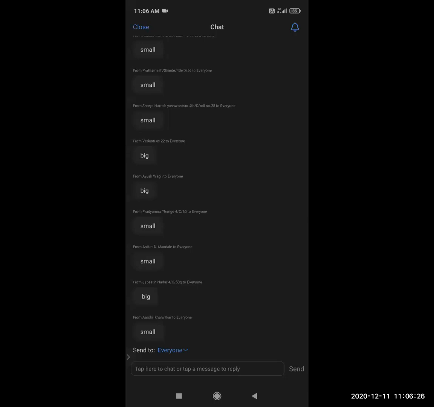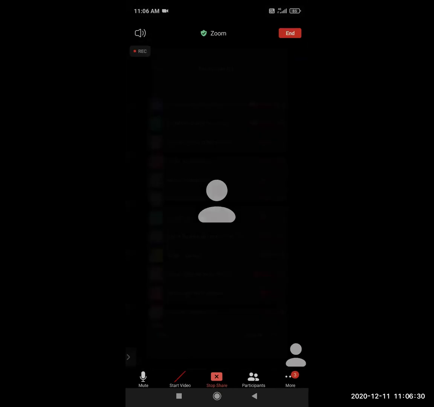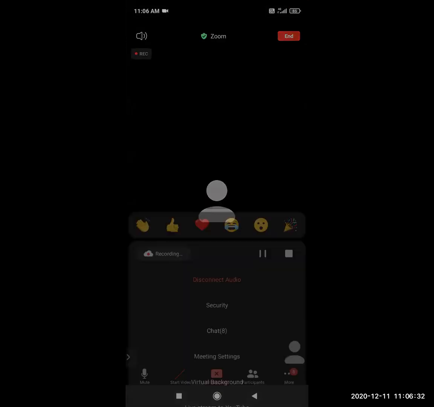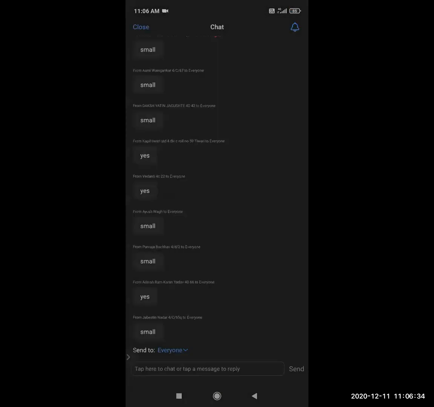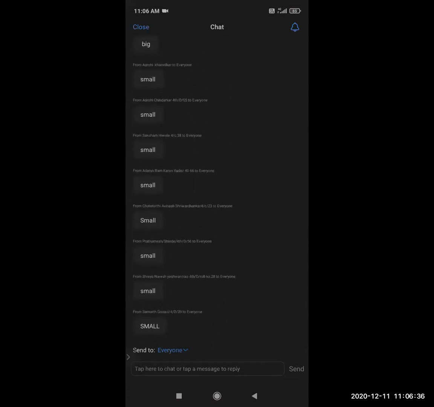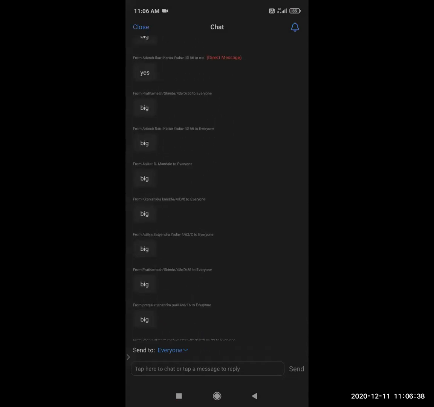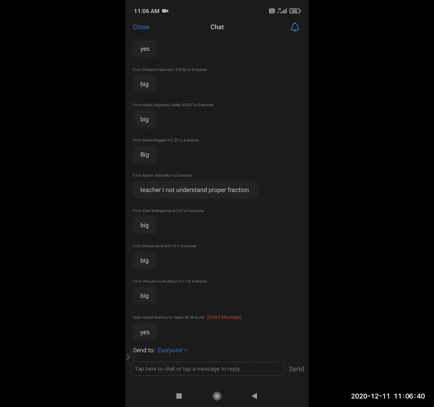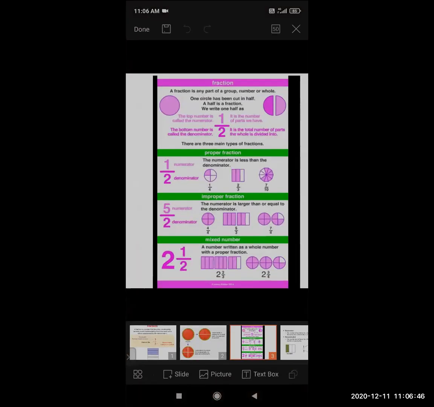Clear now? The concept of proper and improper. One student in our participant list, Arohi Khanvilkar, has a doubt in proper fraction. Arohi beta, are you there?